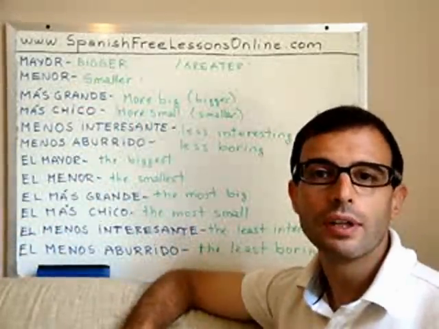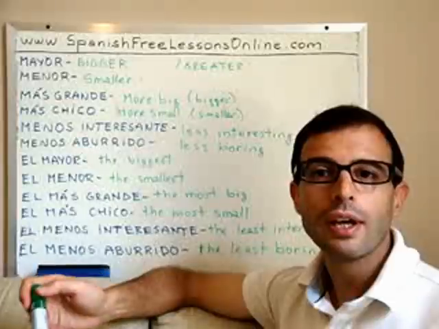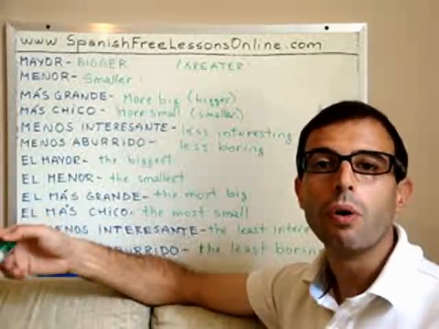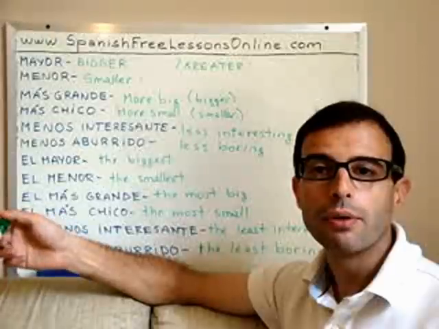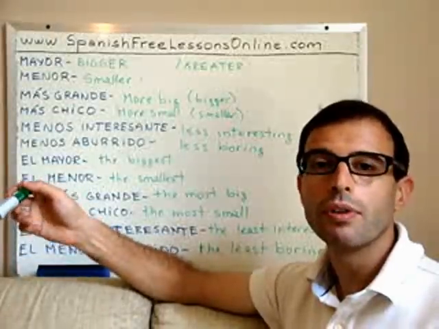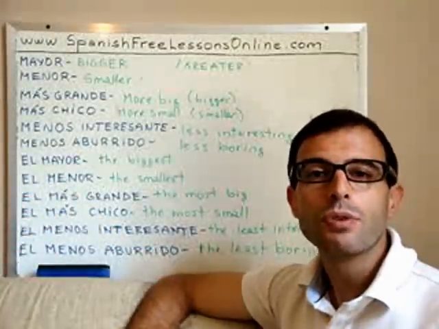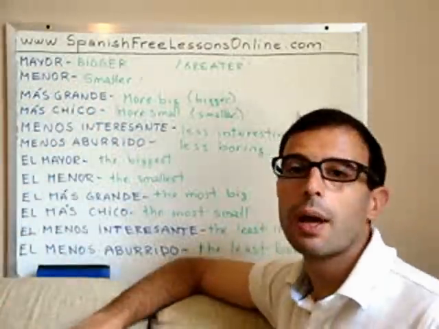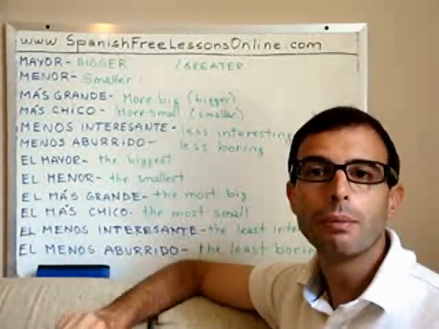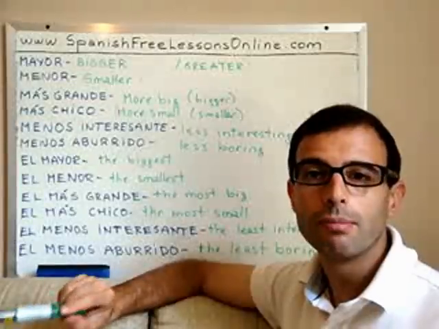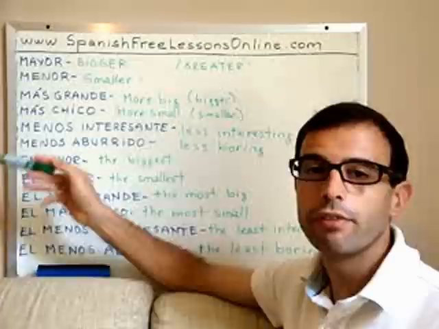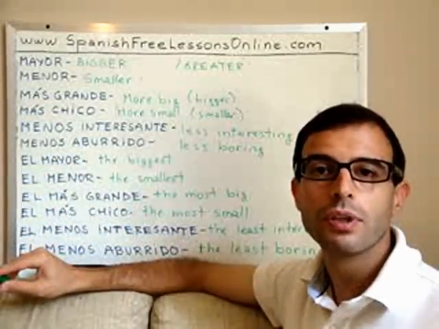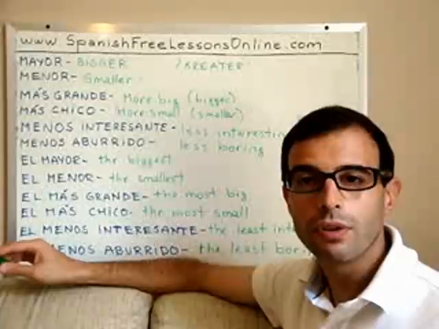So you can say mayor que él, bigger than him or older than him. Menor que is smaller than. Actually, mayor and menor mean bigger or smaller, but when referring to people, they mean also older than or younger than.